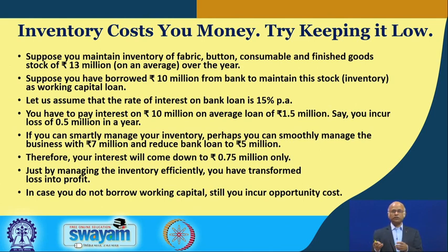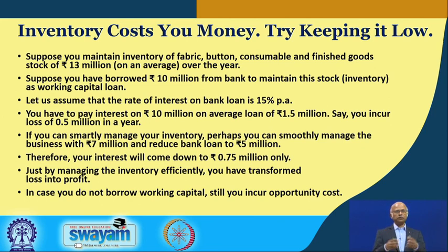Why smooth sales? Because if there is no stock and there is an order, you won't be able to cater to it. But many people are overly cautious, so they maintain higher stock so that they don't lose opportunity. But this example actually drives home a point.